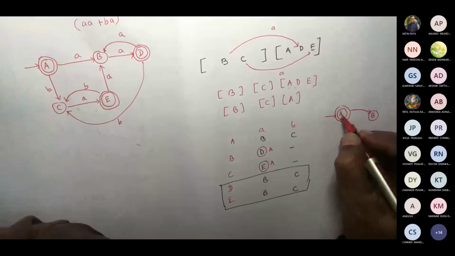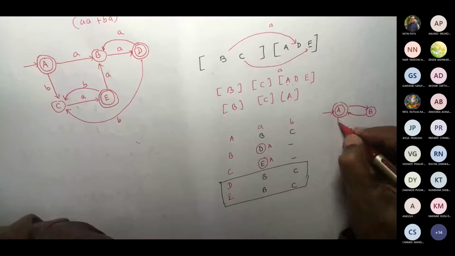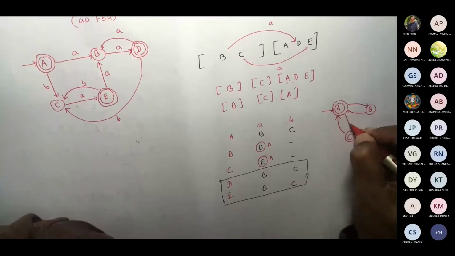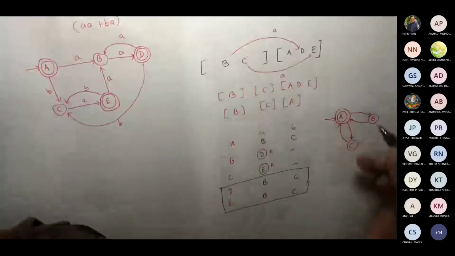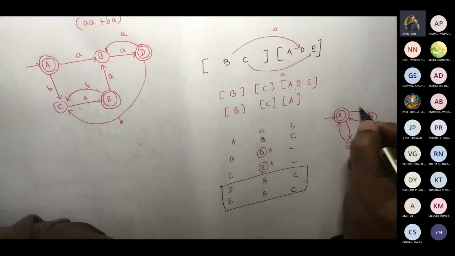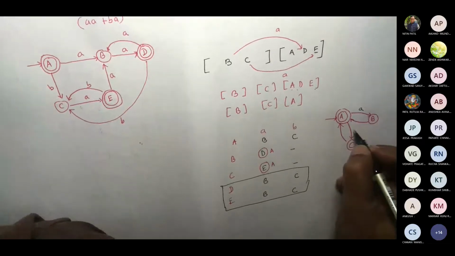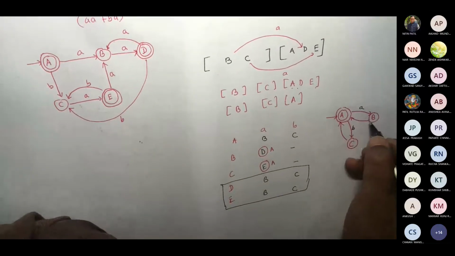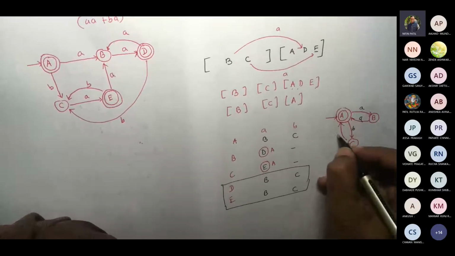This one, B and B come to this one. So this is A. This is B. B to A and C to A.